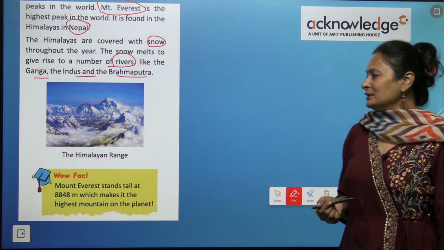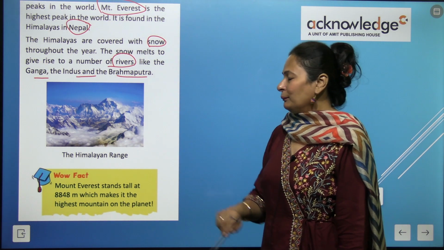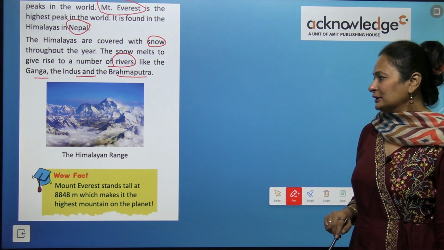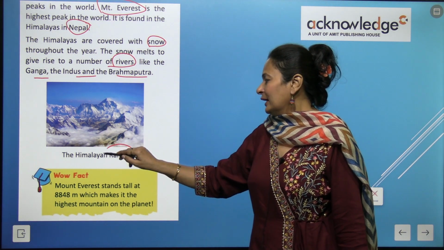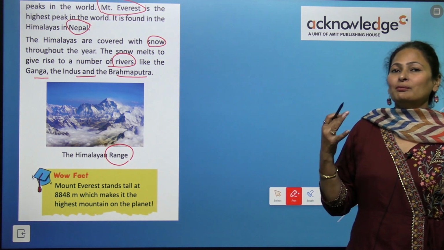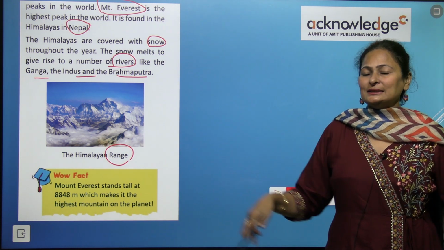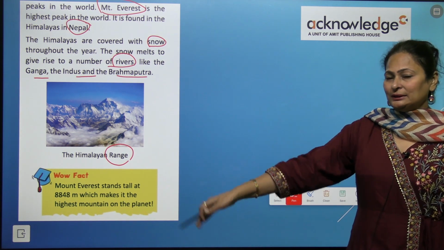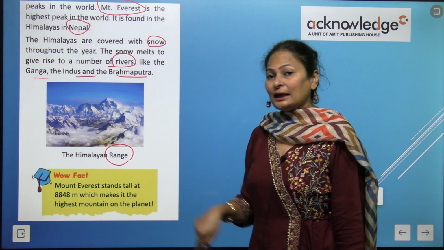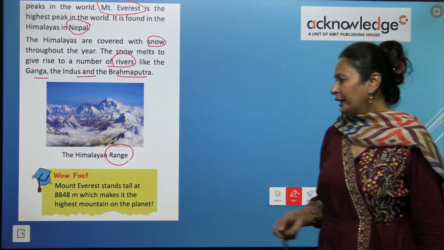These are three rivers that form from the Himalayan range. Range means what, kids? It's a number of mountains. It is not a single mountain, it's a number of mountains situated in a particular area. So this is the Himalayan range.